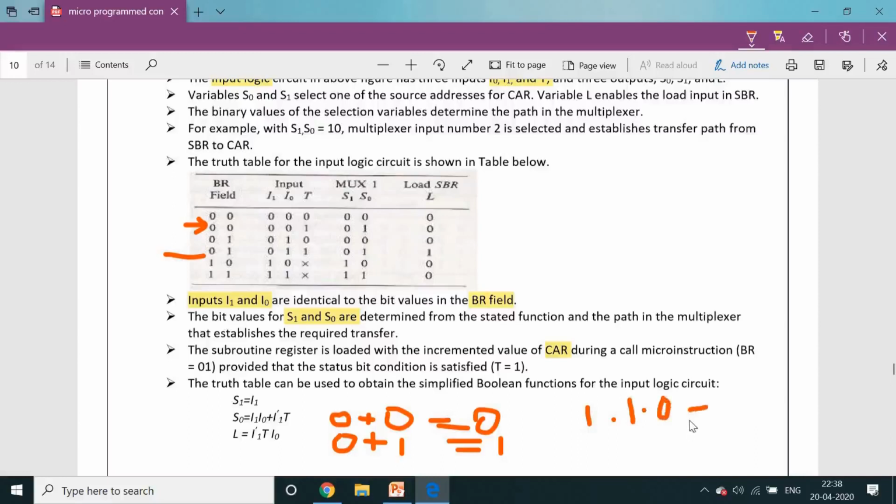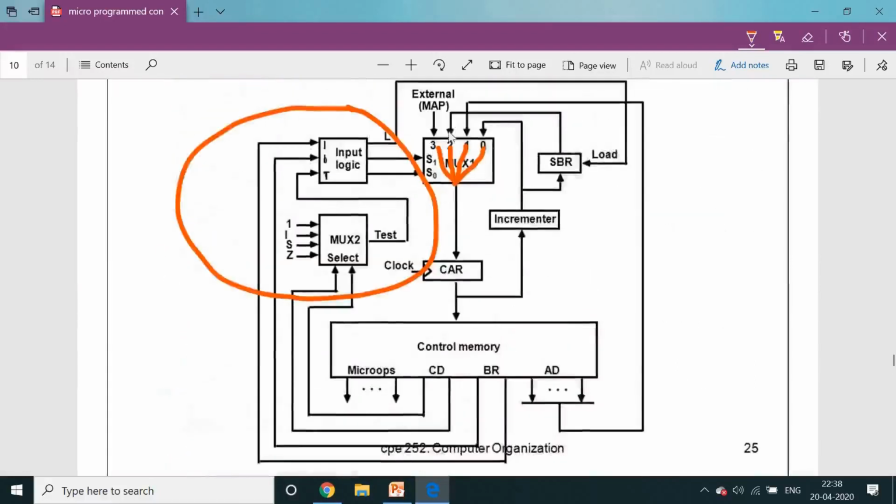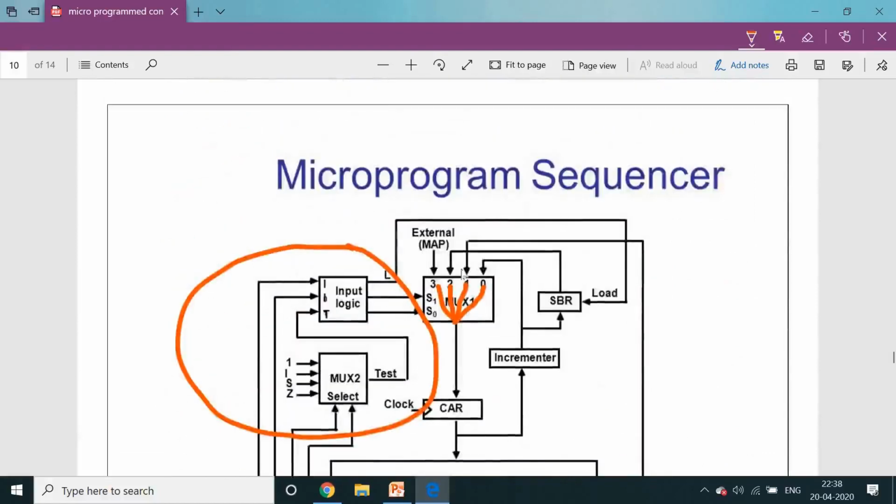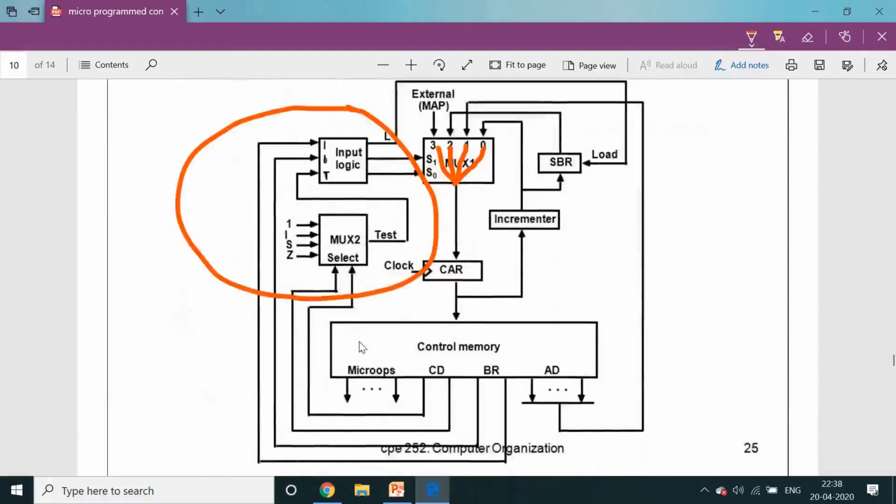With 3 inputs ANDed and any one of them 0, the output equals 0. That means L for the second case is equal to 0. This is the way we generate the 3 control signals to control the multiplexer and the subroutine register. This is how we generate the addresses for the selection of the next microinstruction in the control memory.